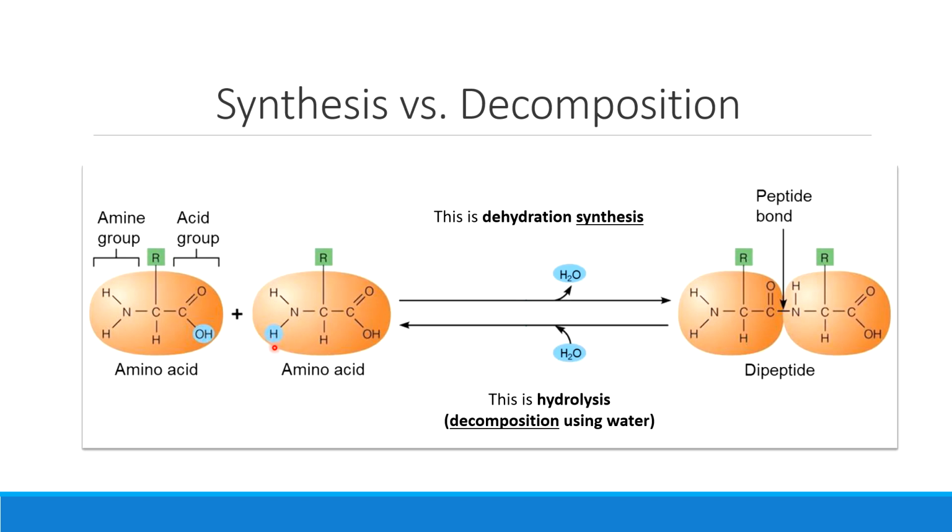So one amino acid gets a hydrogen, one amino acid gets an OH. Big picture, when we look at these two types of chemical reactions, we want to know that they're opposites of each other and that they are building something if we're doing synthesis or breaking something down if we're doing decomposition.